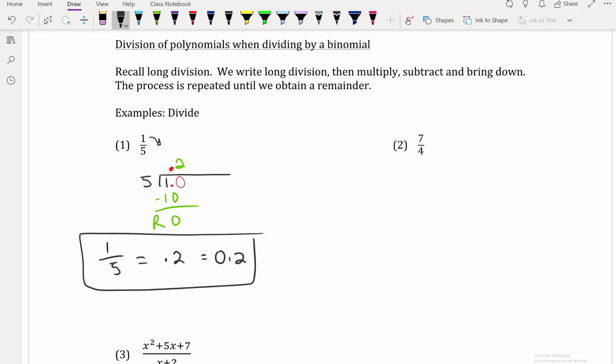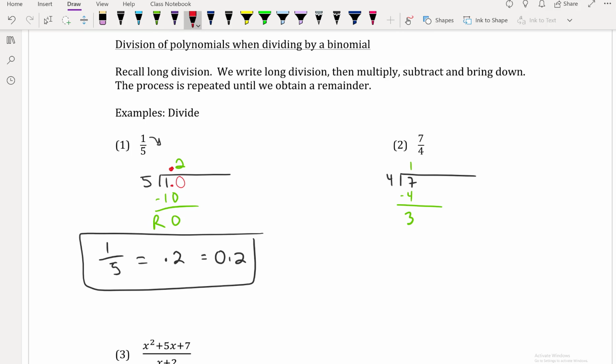So let's just do it again. For number 2, I would have the 4 out in front and the 7 inside. So I would say, okay, well, 4 goes into 7 one time. So 4 times 1, you multiply, it's 4, and then you subtract. So now I have 7 minus 4, which is going to give me a 3.